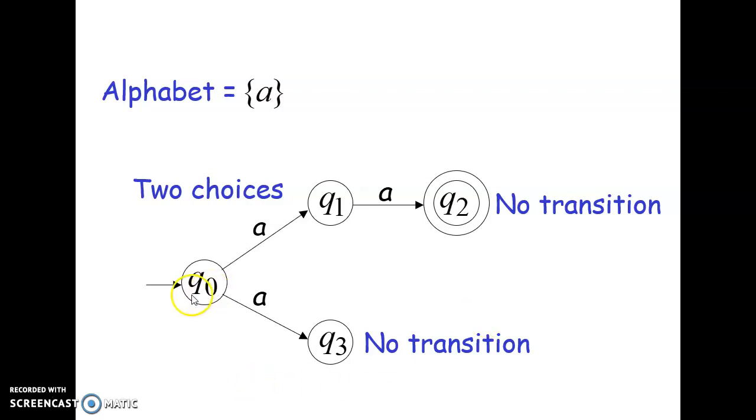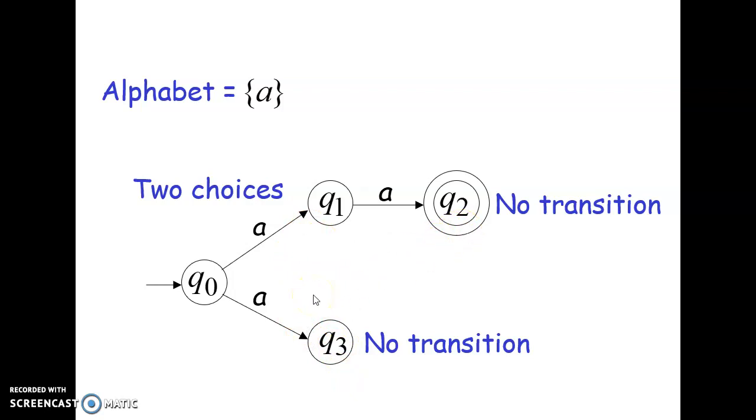अगर Q0 पे input letter A आता है आपकी input string में, तो आप उसके against Q0 से Q1 वाला पाथ भी ले सकते हैं और Q0 से Q3 वाला पाथ भी ले सकते हैं. Eventually, जब आप पूरी string read कर लेते हैं, अगर आप final state पे हैं, in any one of the paths, किसी भी एक path से लेकर अगर आप final state पे पहुंच जाते हैं, that means कि आपकी string accept हो गई है.